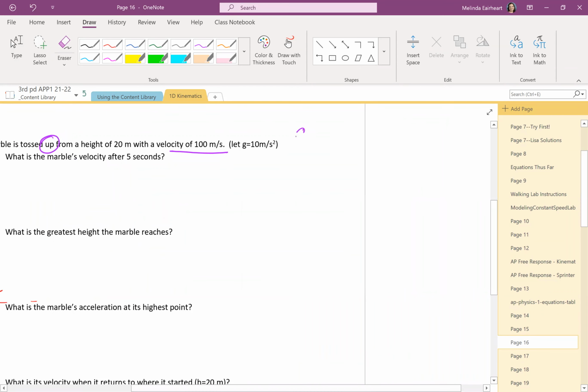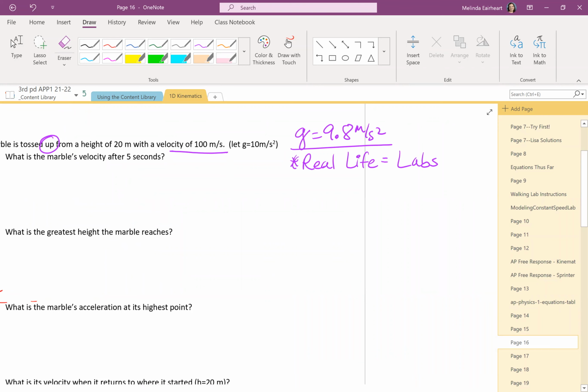Okay, so just note to self, g equals 9.8 in real life. And so labs use 9.8. Because a lot of times with labs, think about what we do, percent error, percent yield. And if you round up to 10, that's going to make your percentage that far off, okay?